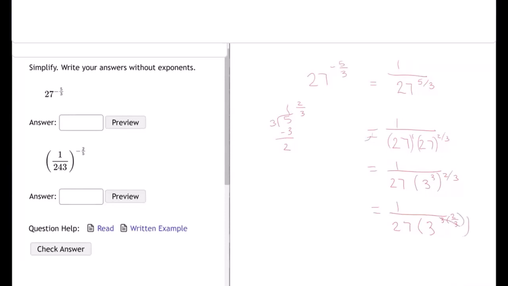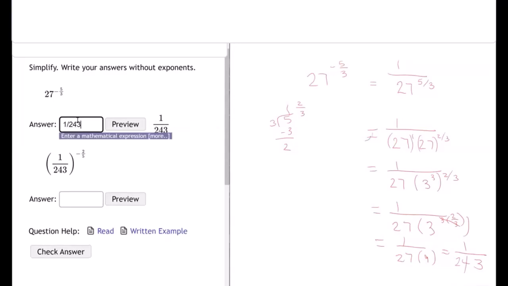Those cancel. I get 1/27 times 3 squared, which is 9, which is equal to 1/243.